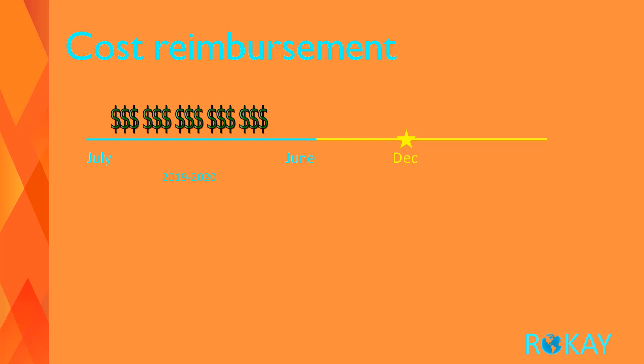And again, every state is different, but it's not unusual for a school district to receive their final payment sometime in the spring of the year following the school year being calculated. So again, in our example, the school year was July through June 2019 to 2020. Not unusual for the school district to receive their final reimbursement for that school year in April of 2021.